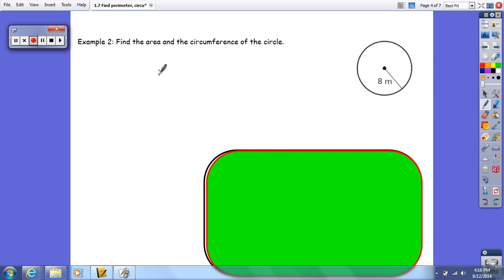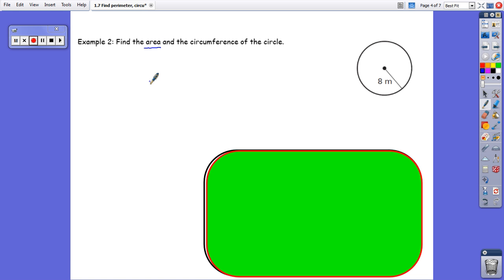Example 2, find the area and the circumference of the circle. So let's look at area first. The formula for area is pi r squared. And so we just substitute what we know. A equals pi. R is 8 squared.